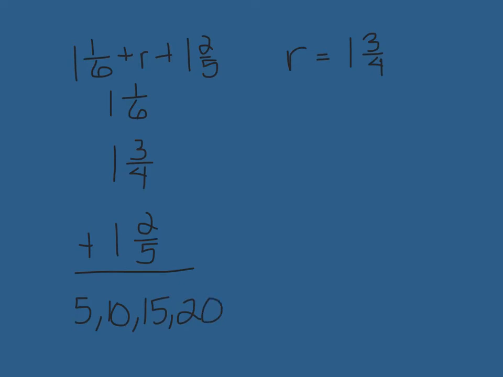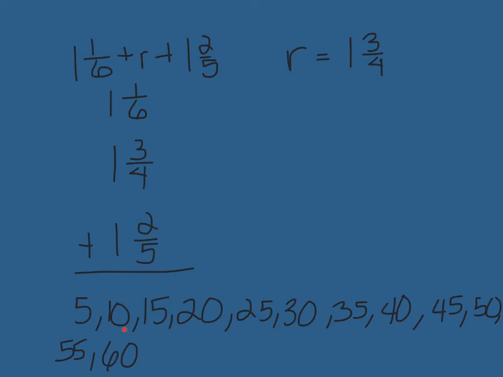Well, 4 goes into 20, but 6 doesn't, so I need to keep going. 25, 30. 6 goes into 30, but 4 doesn't. 35, 40, 45, 50, 55, and 60. 60 is going to be my number that I use because that's what 4 and 6 both go into, as well as 5.